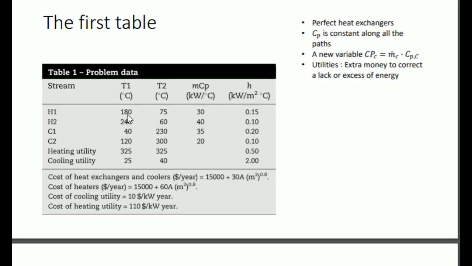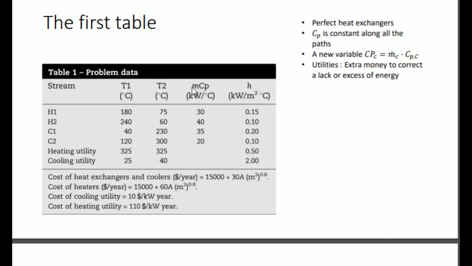So we have T1, the temperature of inlet, and T2, the temperature of outlet. So we have our hot flows and our cold flows. Now we have a unit called MCP. I call it a big CP, which is the product of the M point, the massic flow, times the Cp, the calorific capacity of the fluid.